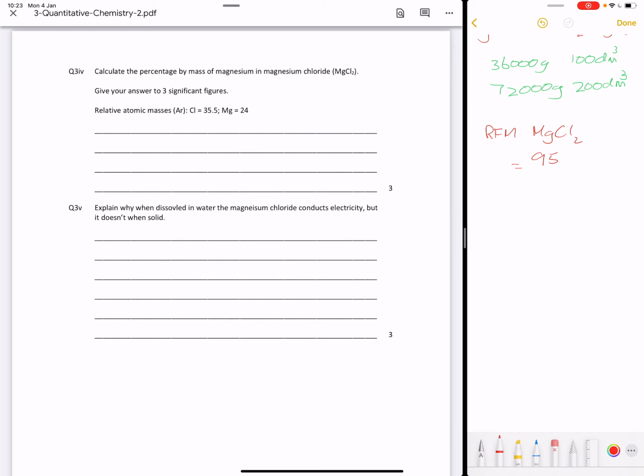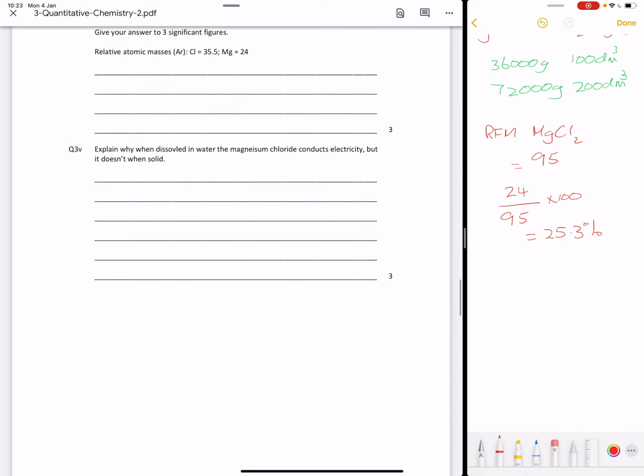So the percentage by mass is, out of this, 1 atom of magnesium is 24. So it's 24 divided by a total of 95. And because it's a percentage, times by 100, and you're going to get 25.3 to 3 significant figures.